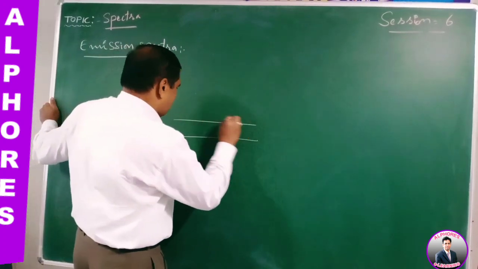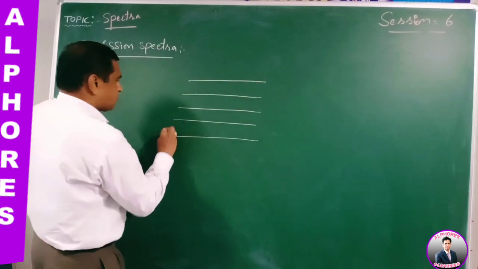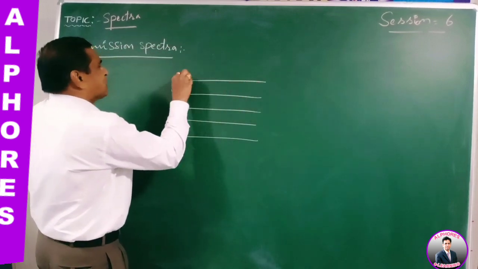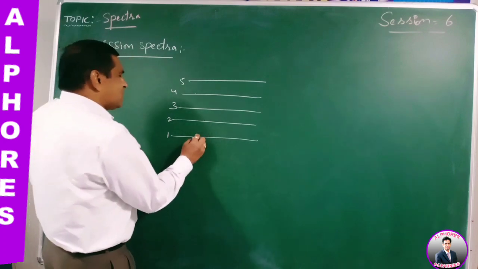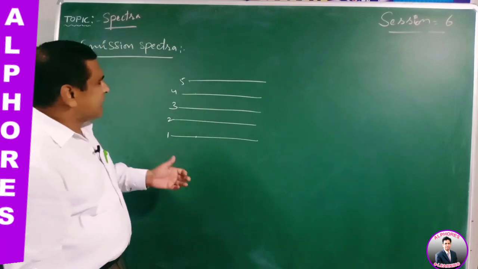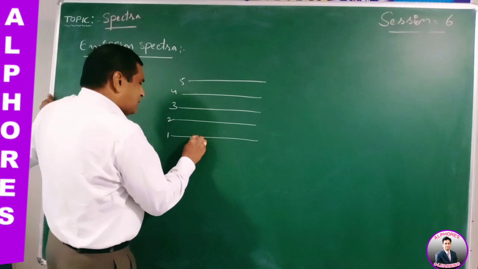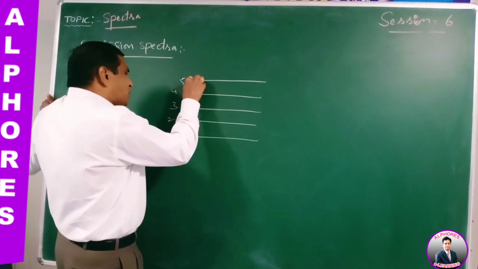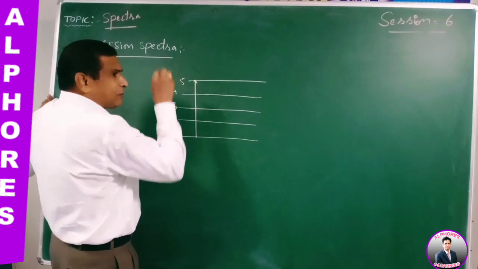Say for example, electrons are normally present in the ground state. This ground state electron, by absorbing photon energy, jumps into a higher energy level.